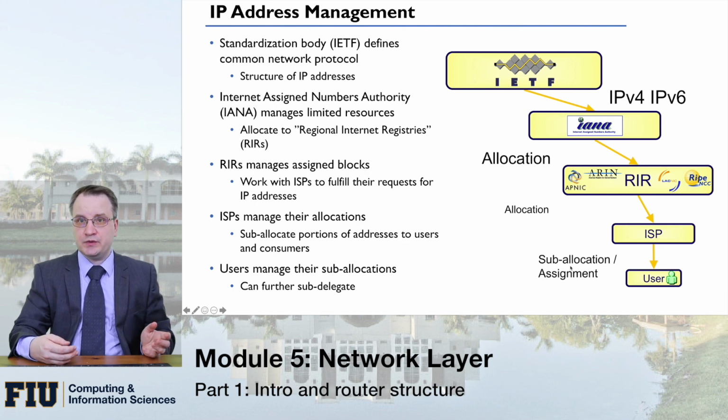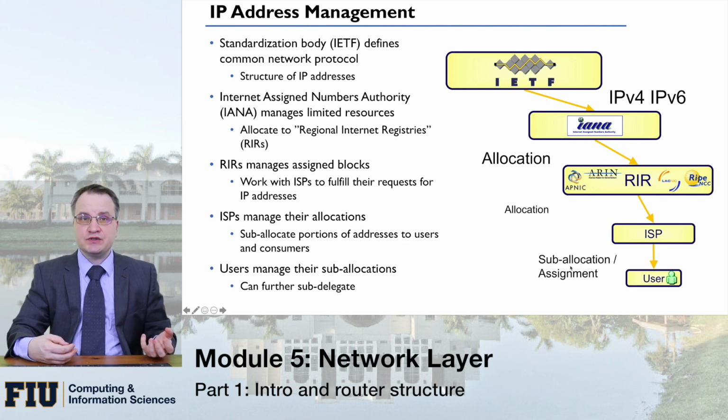They work with ISPs, so an ISP has a relationship with a specific RIR, and if they need some IP address blocks that need to be globally unique, they go to this RIR, submit a form, and potentially pay some amount of money as a membership, and they get the allocation if some addresses are available. I'm going to talk about this a little bit later.